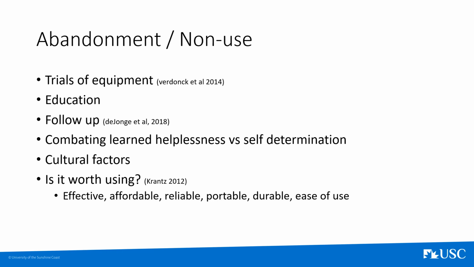Trials of equipment are really important, and I've referred to some of the literature here. Education on how to use them can improve use. Follow-up is essential. So following up with someone about why they're not using it, it might just be something needs to be tweaked. For some people, there's combating learned helplessness versus self-determination, because having been disabled possibly for a long period of time and having not had access to really good technology might mean that they're used to asking for help all the time, whereas a device might allow them to work or be independent in some other way.